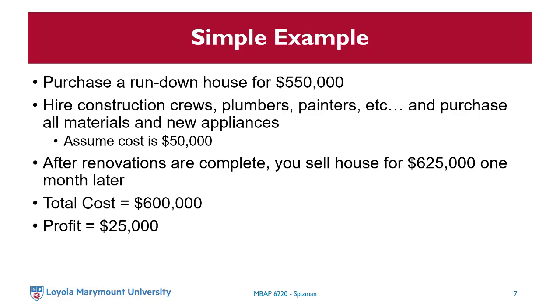Let's say it's one month later, so you're only holding it for a very short amount of time, you get all the work done really quickly, and you sell the house for $625,000. What you've essentially done is made $25,000. That additional $25,000 is the increase in value. That's how you're adding value. You put in 600, you get out 25.